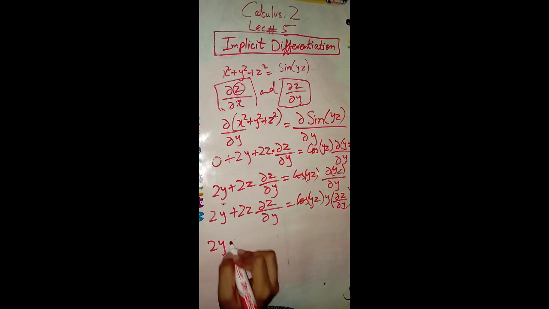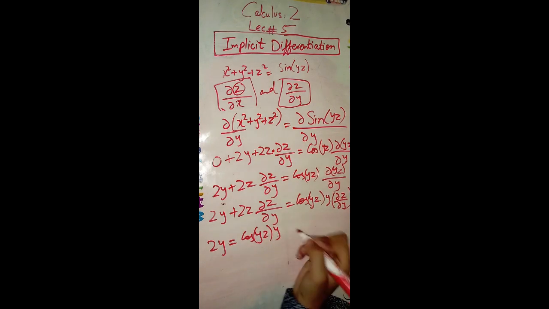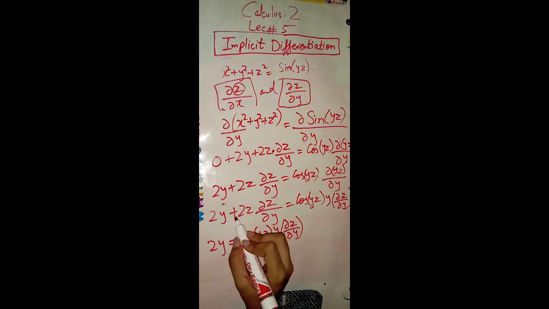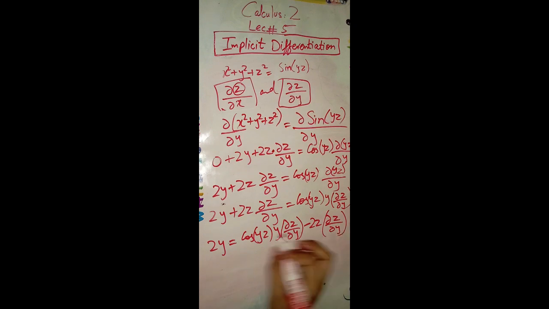So 2y is equal to cos yz times y times partial of z by partial of y as it is, and we will take this value to the other side, minus 2z partial of z by partial of y. Why are we taking this value to the other side every time? Because we have to take it as common. As we have to find it out, we will take it alone on our left or right hand side.